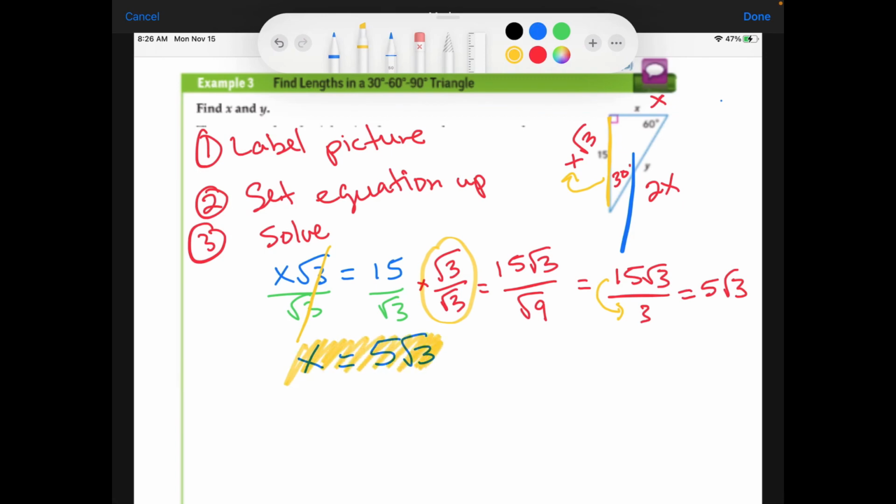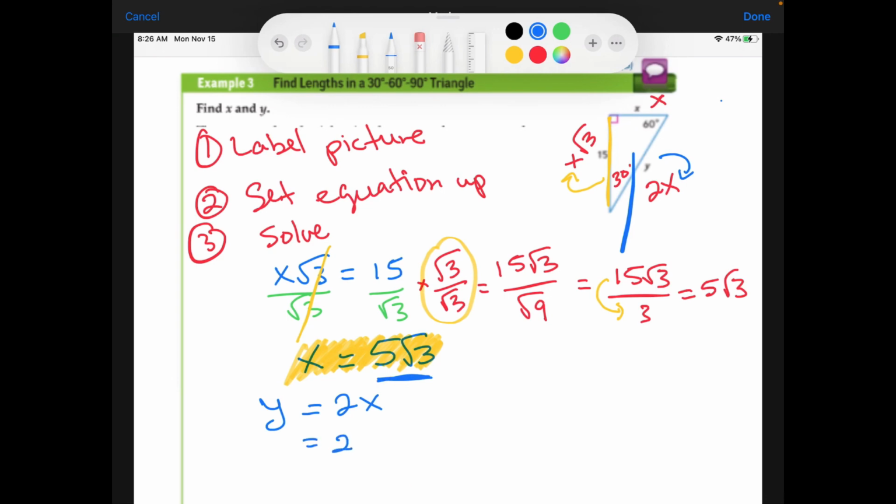Let's find the next letter, which is y. We know that y is equal to 2x, and we already know what x is: x is equal to 5 times the square root of 3.